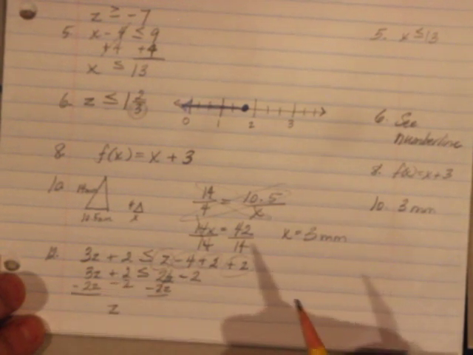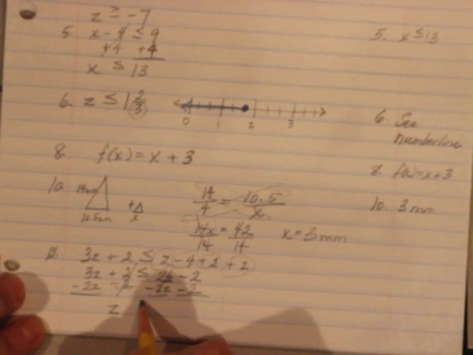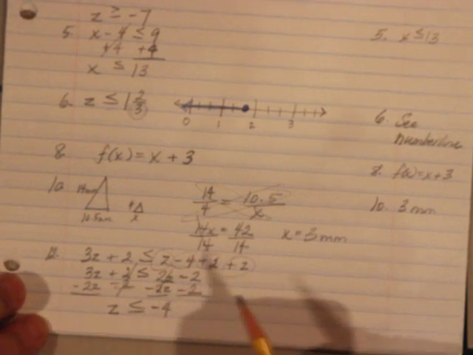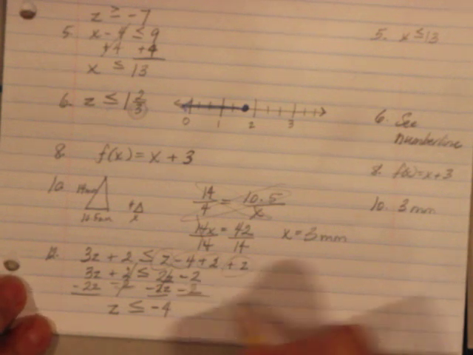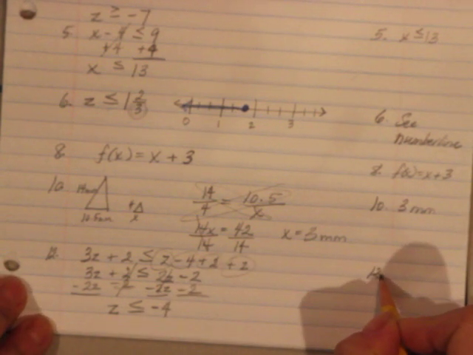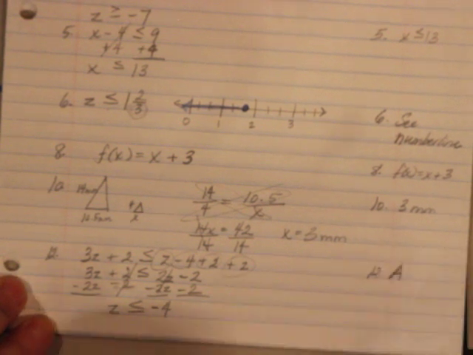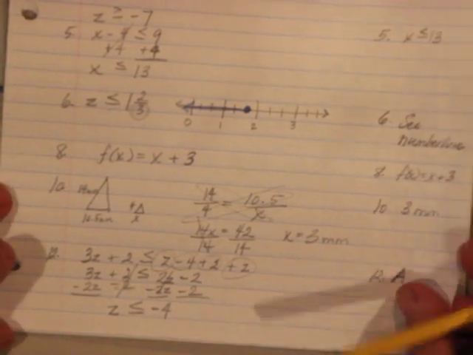I'm going to move the 2 over here, subtract it, and move it to the other side, which gives me z is less than or equal to negative 4. I see that that is letter A, so my answer for number 12 is A, because that is the inequality that matches my solution.